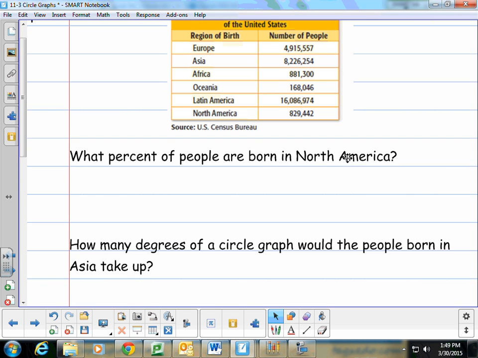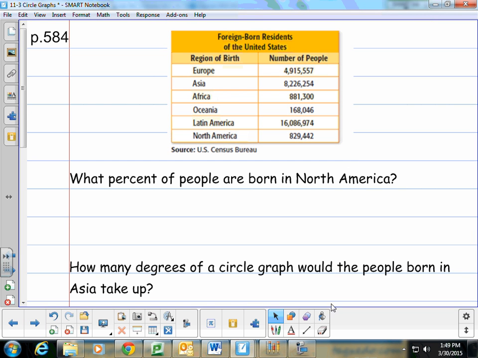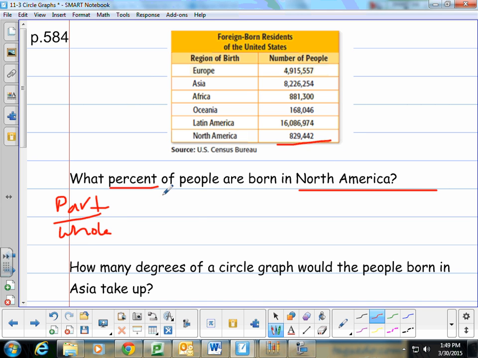Okay, so lastly, giving this a try. Find the percent of people born in North America. To find the percent, we need to know a part over a whole. We're looking for North America. So I need this data. The part born in North America is 829,442. Out of, we need the total number. So we need to add all these up.